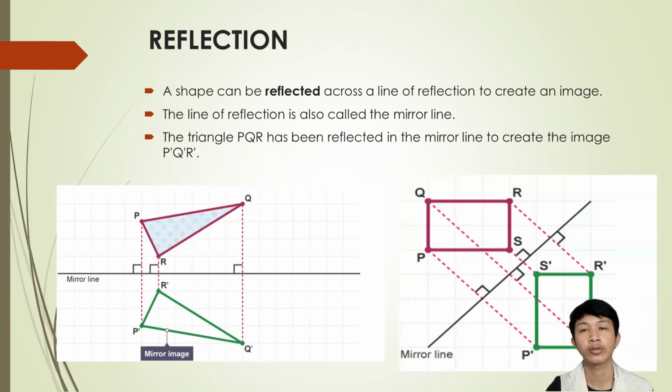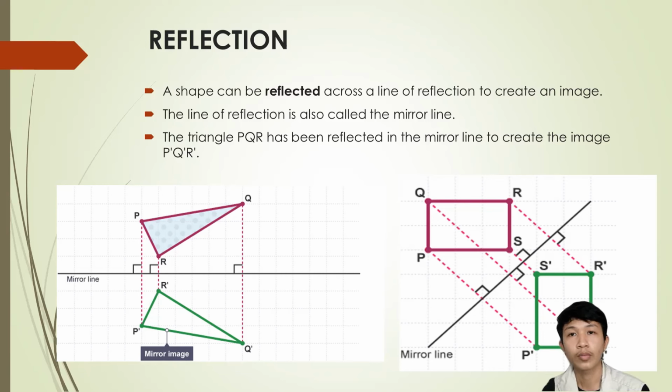We'll proceed to reflection. A shape can be reflected across a line to create an image. When we say reflection, it is like when we see ourselves in the mirror: what we see in the mirror is the same perspective that we have.